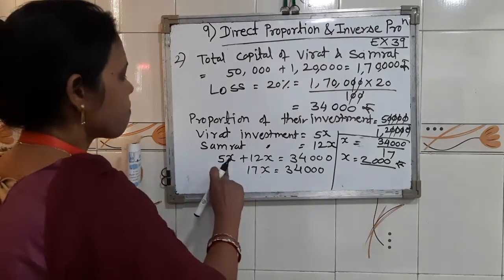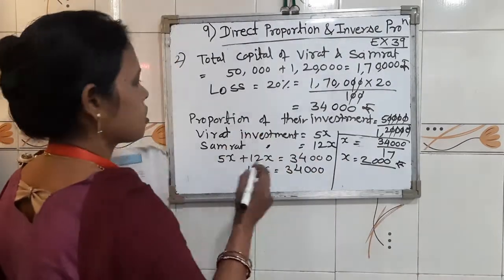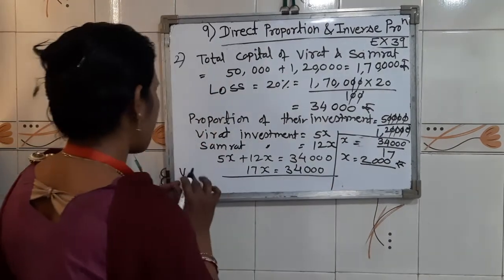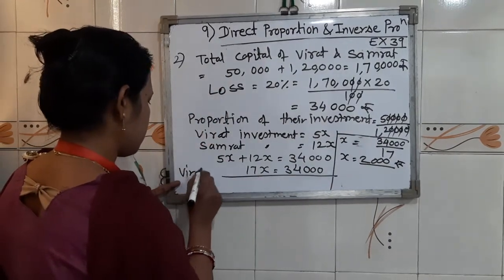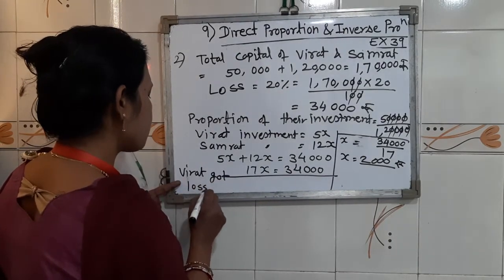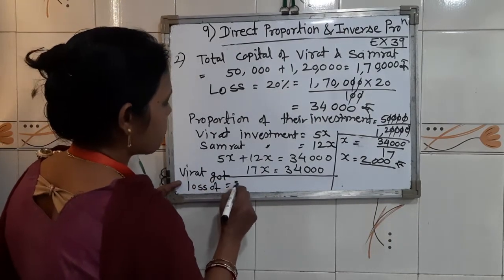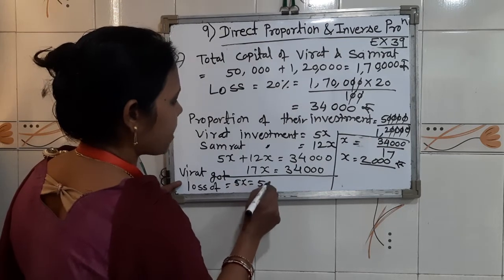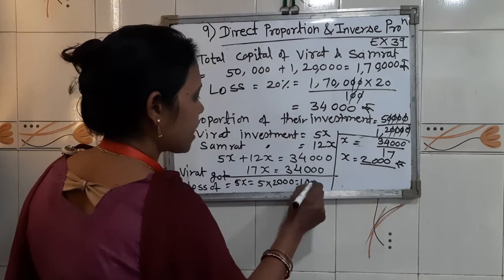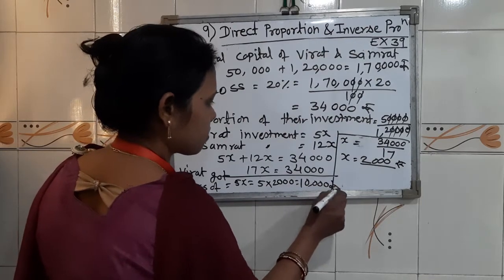What we will do? 5 into x. Virat got loss of 5x equal to 5 into 2,000 equal to 10,000 rupees.